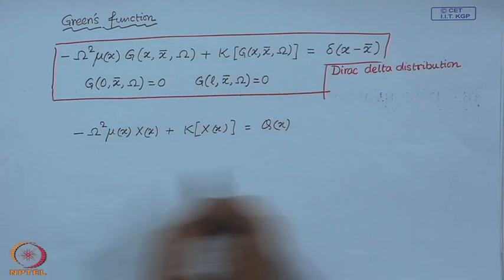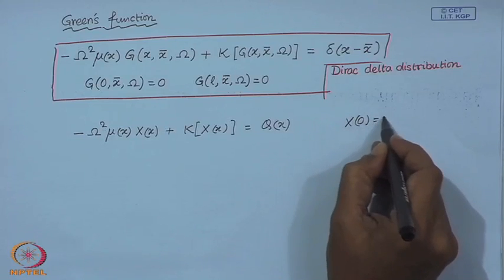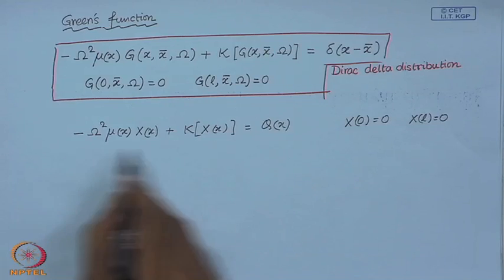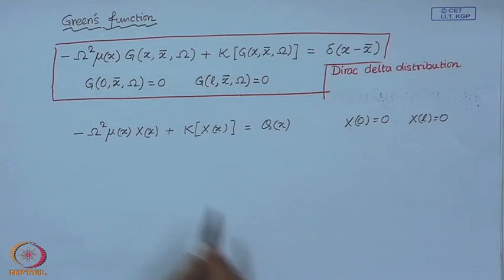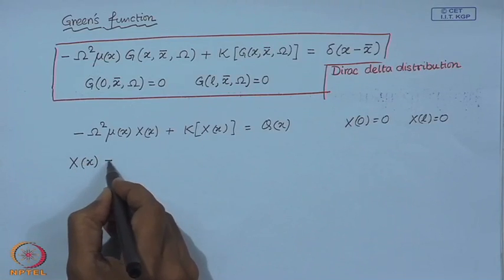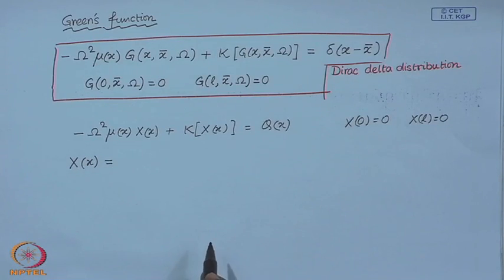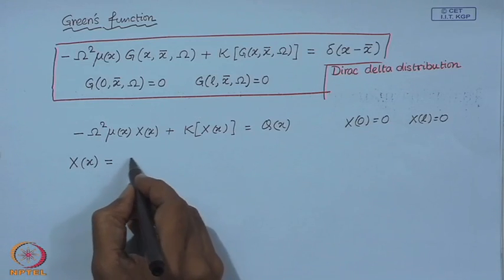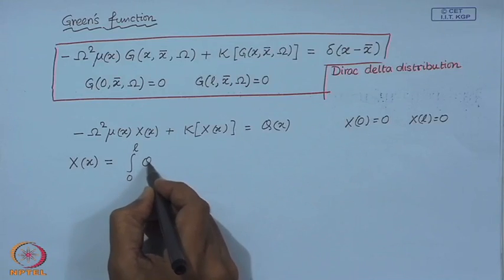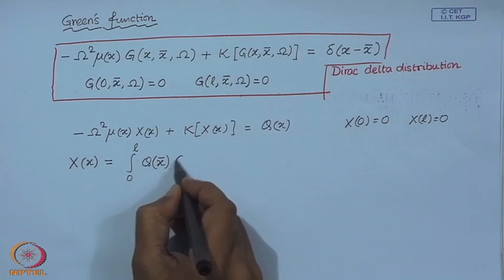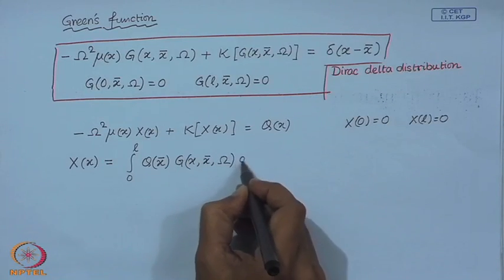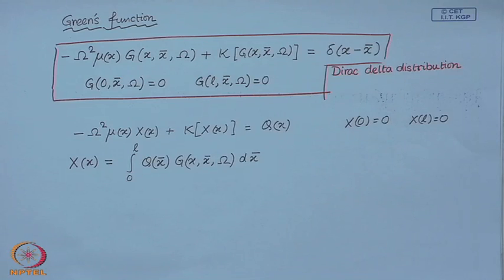So, this is the problem of course, with these boundary conditions. This is what we want to solve. We claim that the solution of this, so the amplitude function corresponding to an arbitrary forcing capital Q of x, is given by integrating over the domain of the problem, performing this integral.